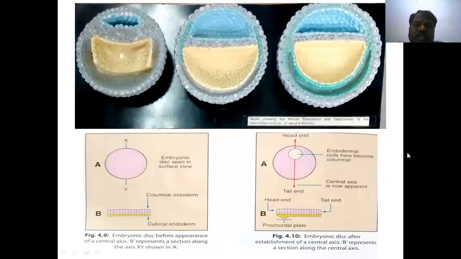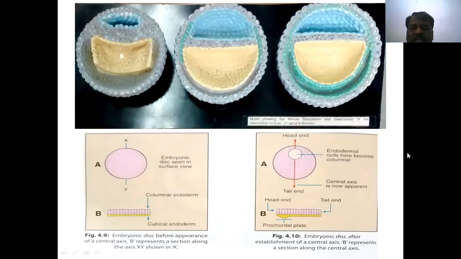You know the inner cell mass and outer cell mass. The inner cell mass is also called the embryoblast, and the outer cell mass is called the trophoblast. The inner cell mass cells are modified: towards the inside, the cells are modified like squamous cells to form the endoderm, whereas the columnar cells form the ectoderm.